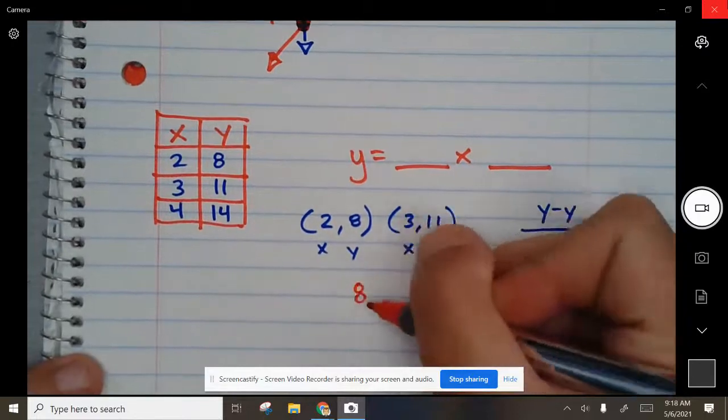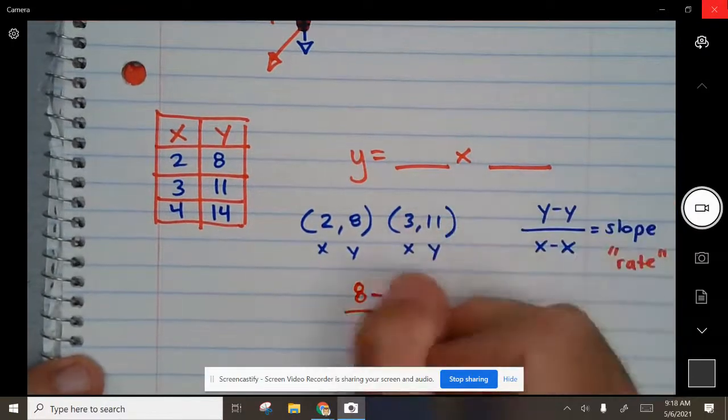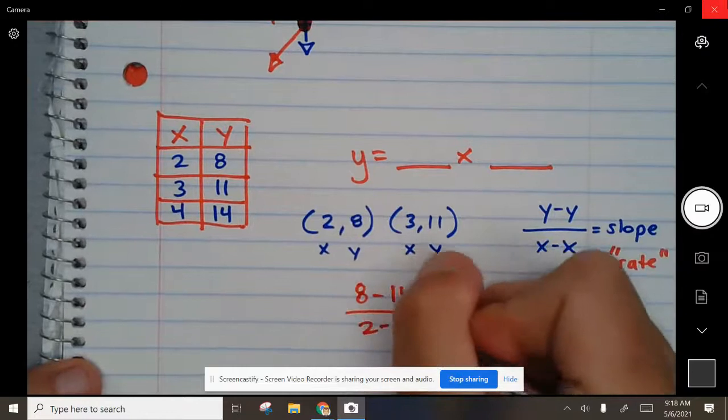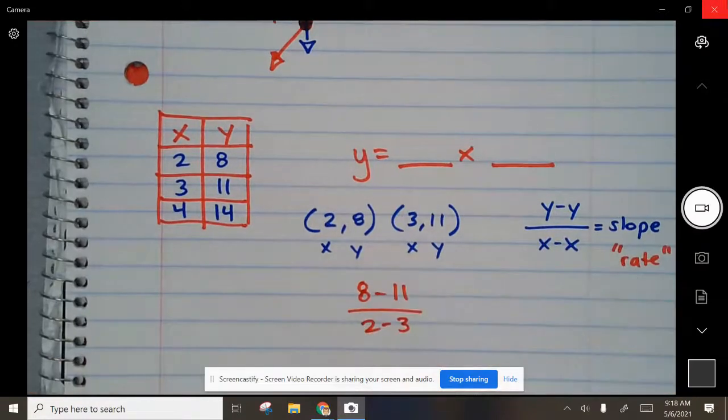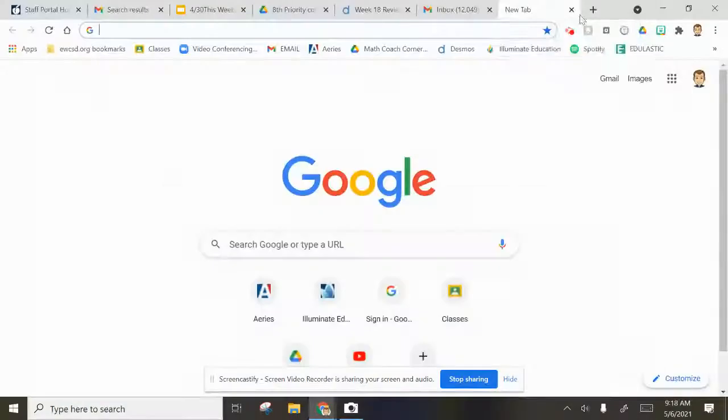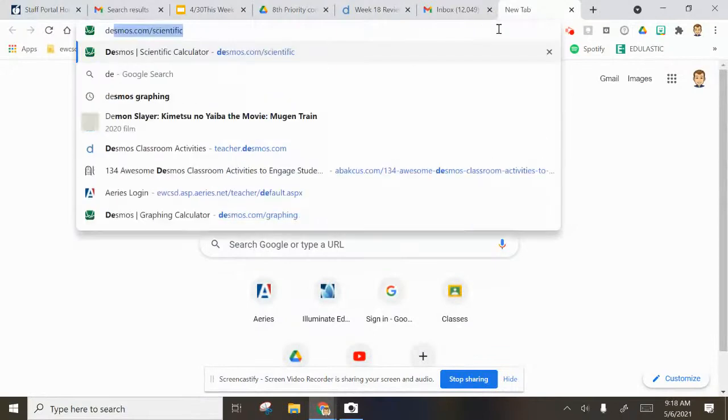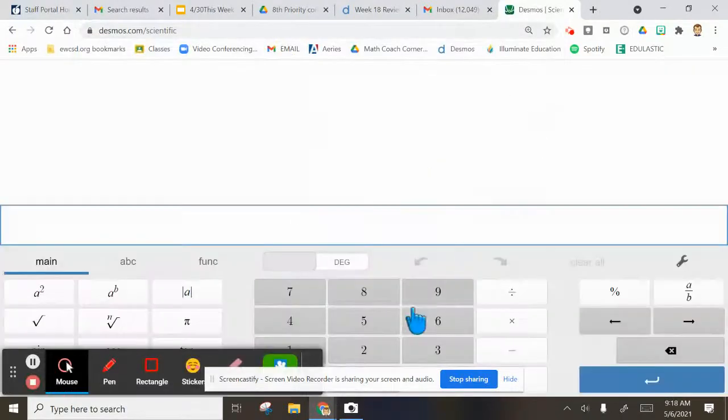So now it's going to be 8 minus 11 over 2 minus 3. When you attack these problems, I want you to go ahead and use your Desmos calculator. Now it was 8 minus 11. All right, I get -3. And then it was 2 minus 3. I get -1.